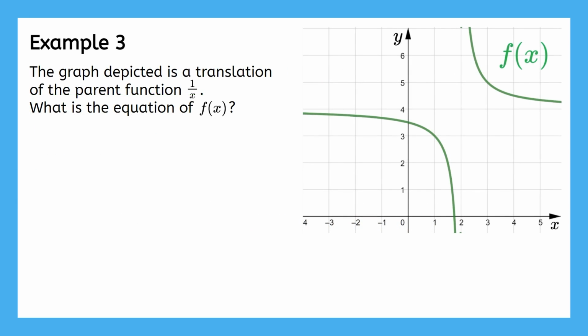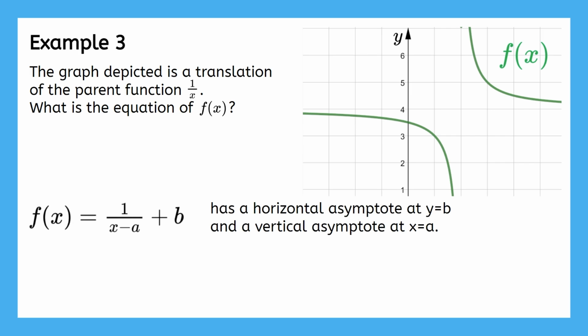We'll do one more example. The graph depicted is a translation of the parent function 1 over x. What's the equation of f of x? Here's a neat trick we can use for questions like this. Let's apply that same formula we were using to find asymptotes. This time, we can go backwards and build the equation from the asymptotes we see. So can you see where the horizontal and vertical asymptotes are on this graph?